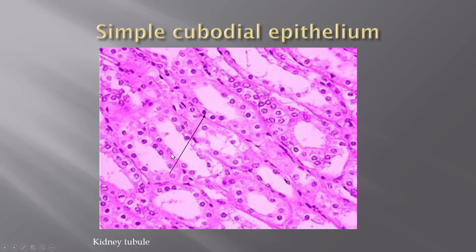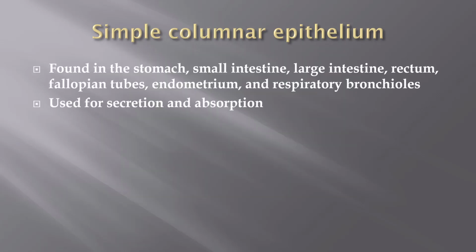So we basically have two cuboidal cells back to back with free edges on either side. So this is still a simple layer because this cell has a free edge and this cell has a free edge. But if we look at the shape of the cell, that's truly a cube. All right, so this is simple cuboidal epithelium.